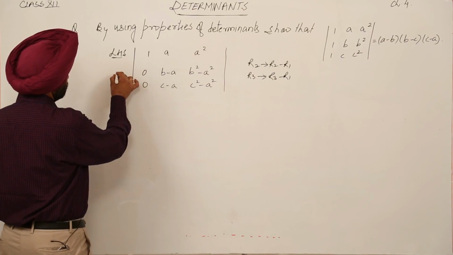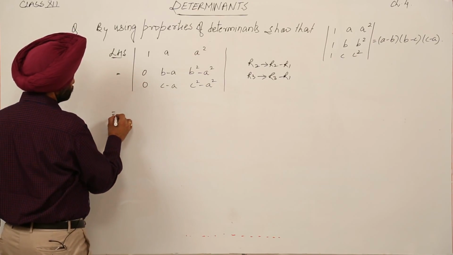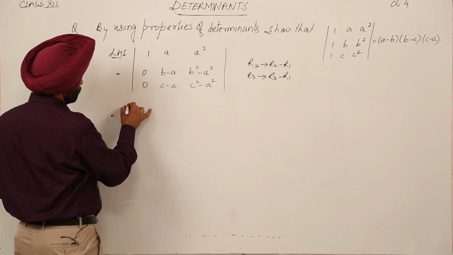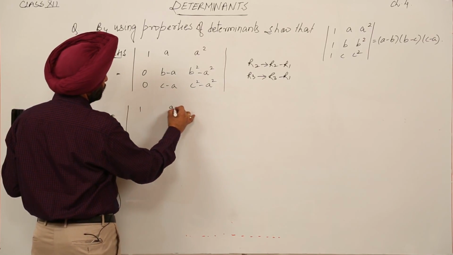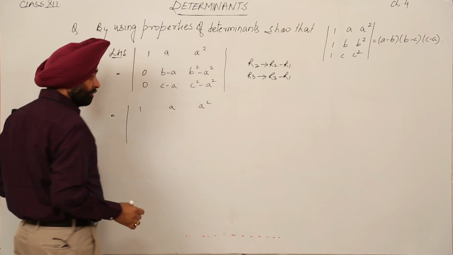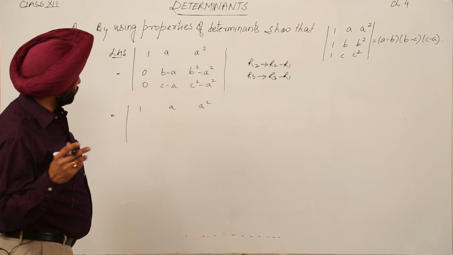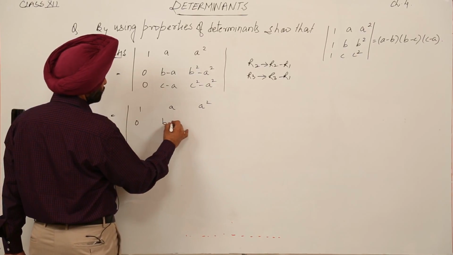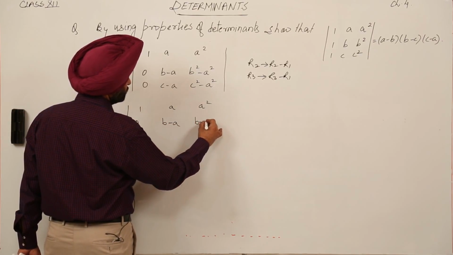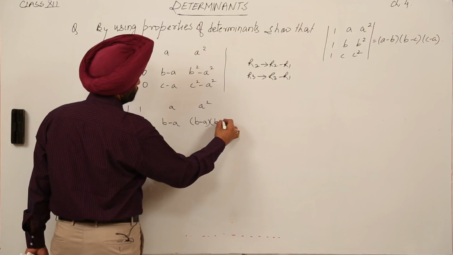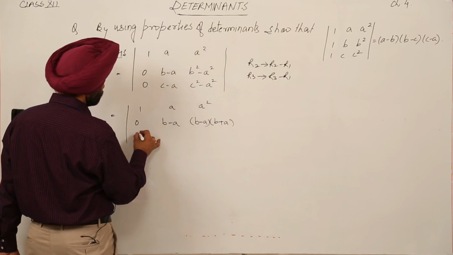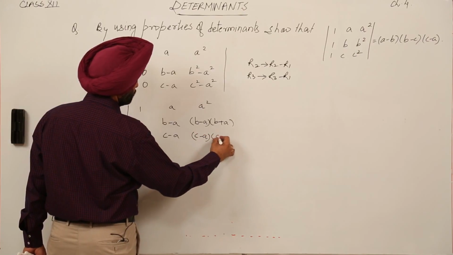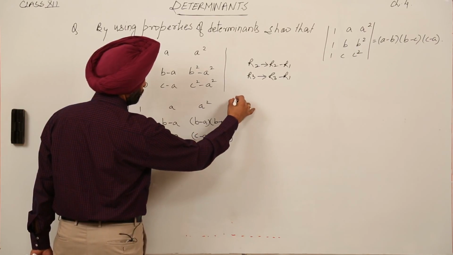Now after this, we can write 1, a, a square. Now I am just putting an identity here: 0, b minus a, b minus a into b plus a, then 0, c minus a, c minus a into c plus a.